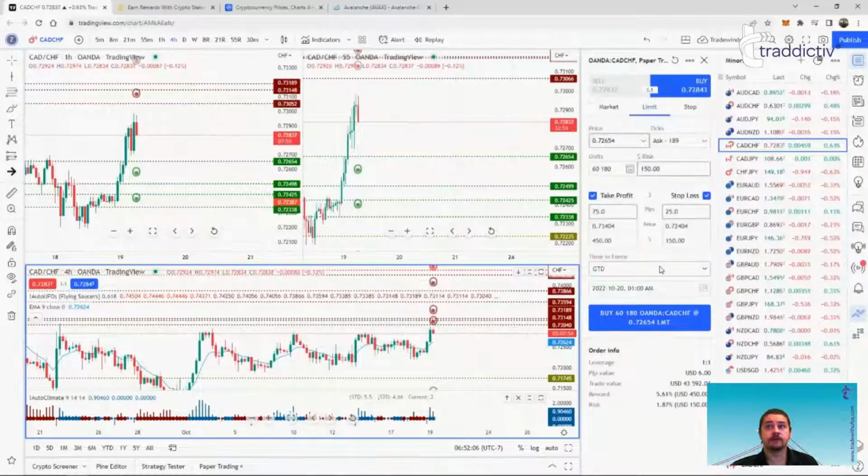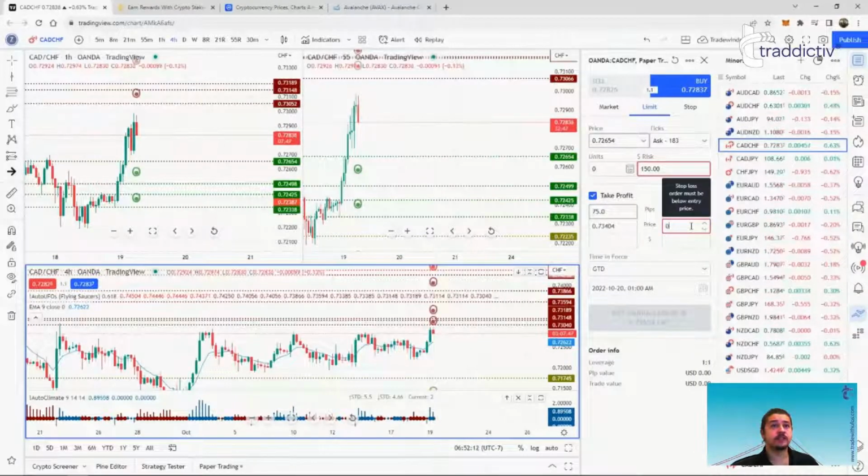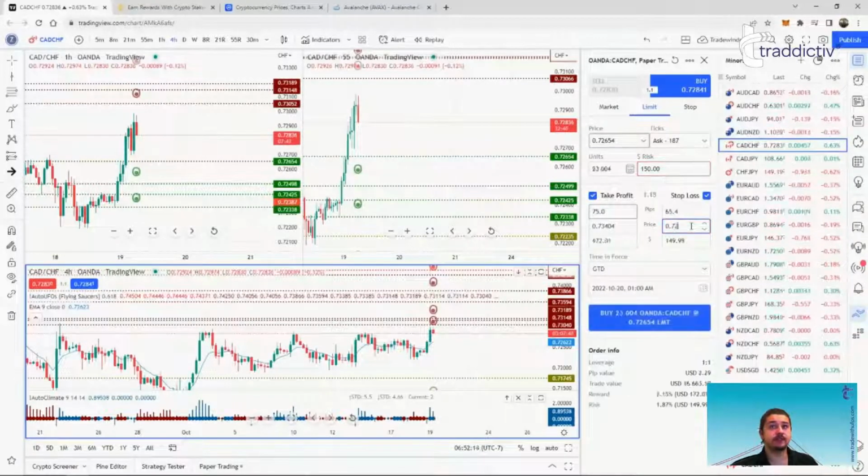Okay, so set that. Our stop loss needs to be below the UFO. We see that between these two, the 72.49.8 is the nearest one. Now, always we have to round it down, so that would be 72.49.